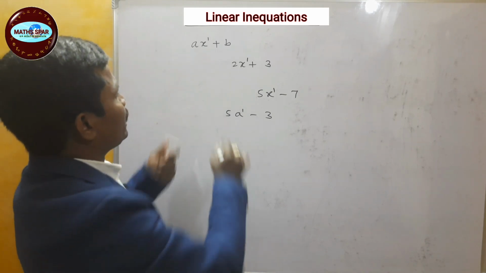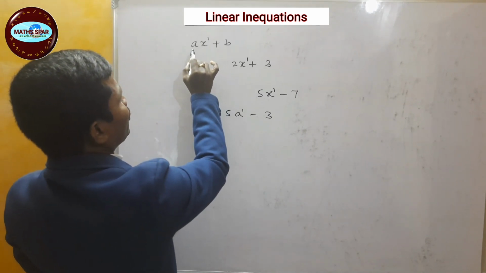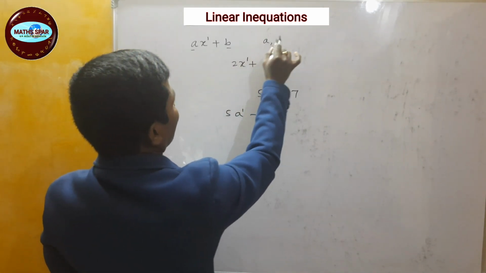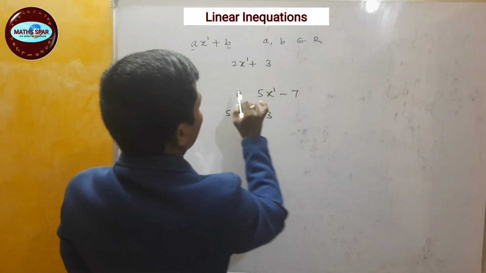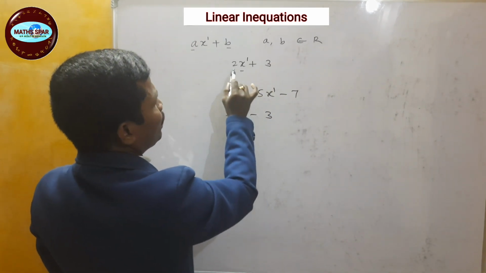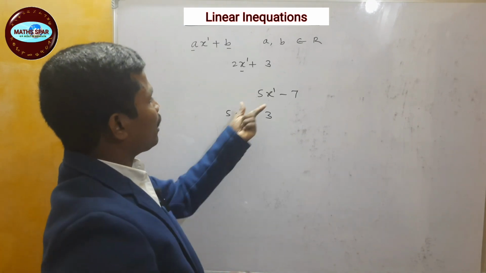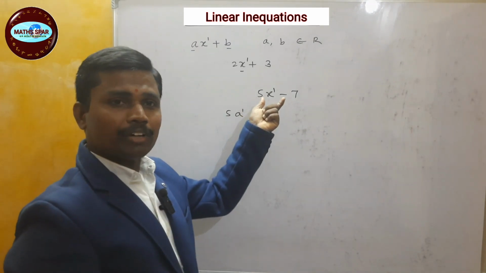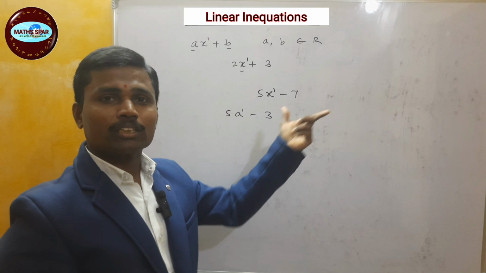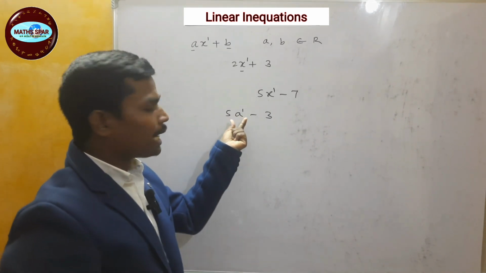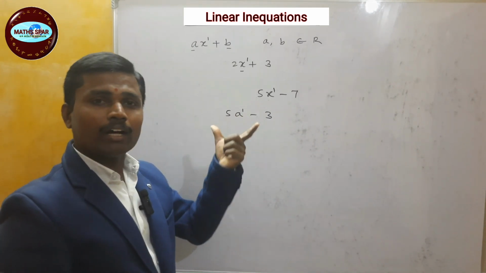Here x is a variable and a and b are real numbers. In 2x plus 3, x is a variable and 2 and 3 are constants. In 5x minus 7, x is a variable and 5 and 7 are constants. In 5a minus 3, a is a variable and 5 and 3 are constants.